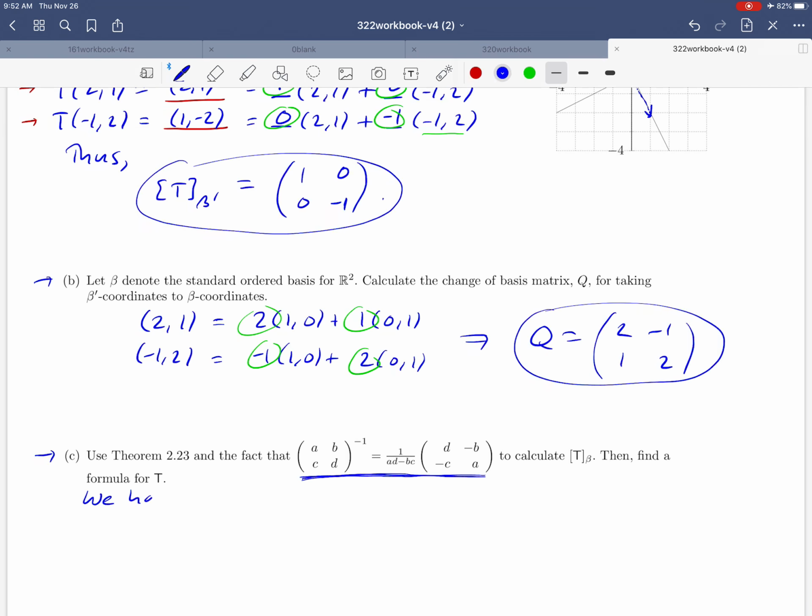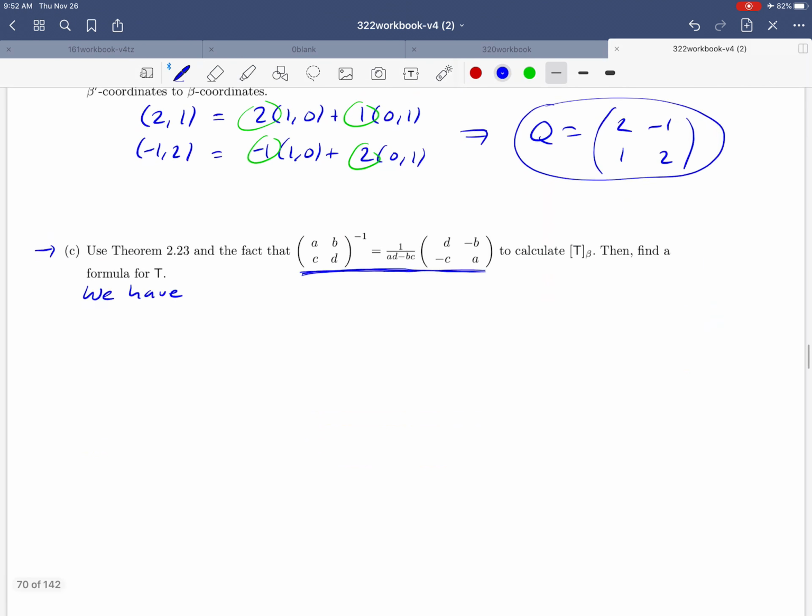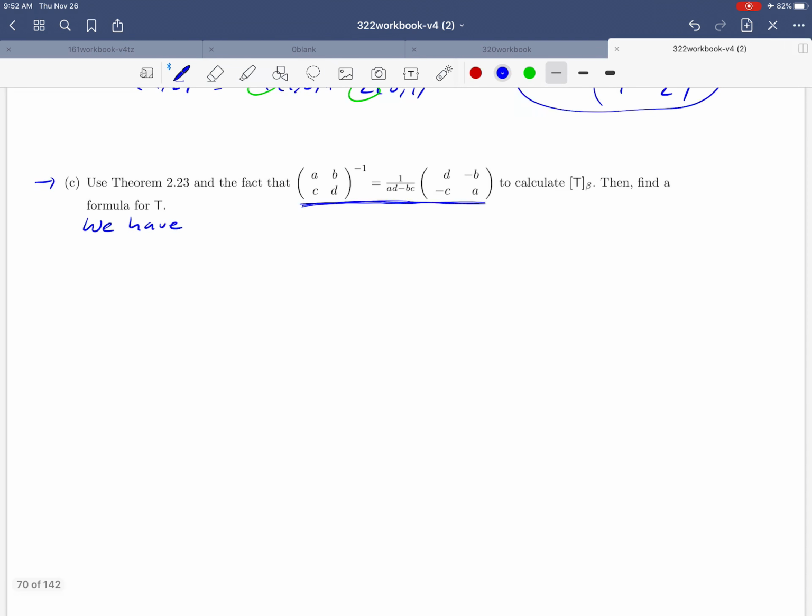Okay, so we have, I'm going to try to be careful and not run out of space here. One of the two formulas that they gave us in Theorem 2.23 said the following, that the matrix of T relative to beta is Q times the matrix of T relative to beta prime times Q inverse.